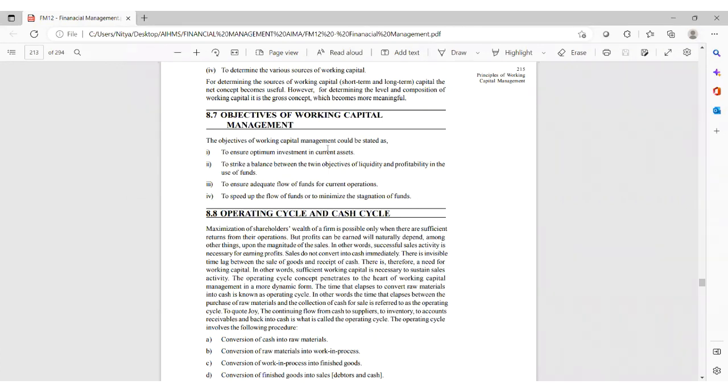And to speed up the flow of funds or to minimize the stagnation of funds. See, whenever we are using the funds, we have to see that the funds should be made available as and when they become due, because you need to speed up the operations.